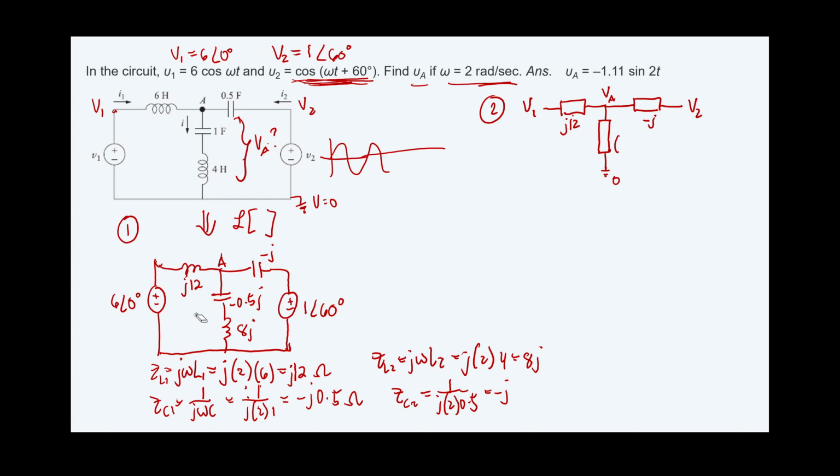They are connected in series, so you can add both of them, but they have the same opposite polarity. So 8 minus 0.5, so I can write J8 minus 0.5 J. Okay, so this is 7.5.